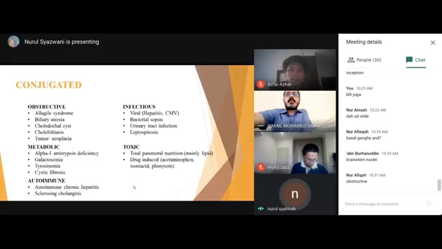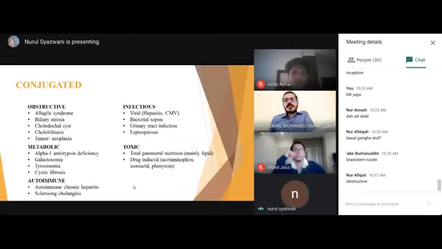For the autoimmune, we have autoimmune chronic hepatitis and sclerosing cholangitis. For infection, we can have viral hepatitis, bacterial sepsis, UTI, urinary tract infection, and also leptospirosis. For the toxic, it can be from total parenteral nutrition, and also can be drug induced.